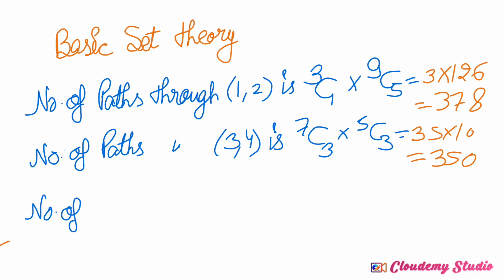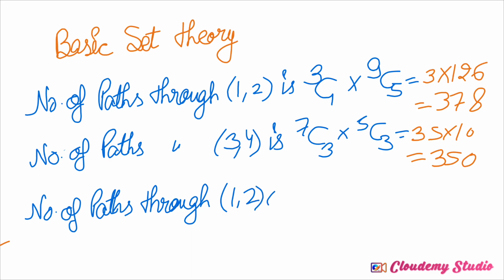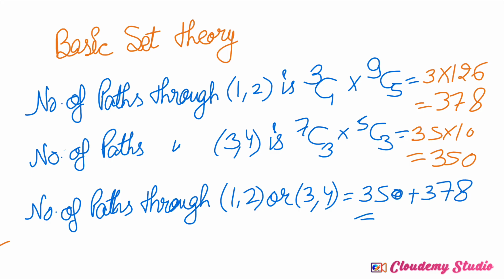The number of paths through 1 2 or 3 4 is now 350 plus 378, so it is 548.